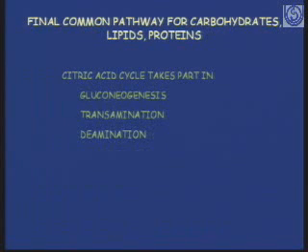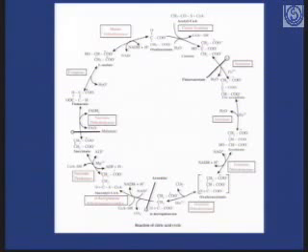Now if we look at the citric acid cycle, I would like to just remind you of a few things. This citric acid cycle is a common pathway for not only carbohydrate metabolism but even other metabolic pathways like lipid and amino acid metabolism.